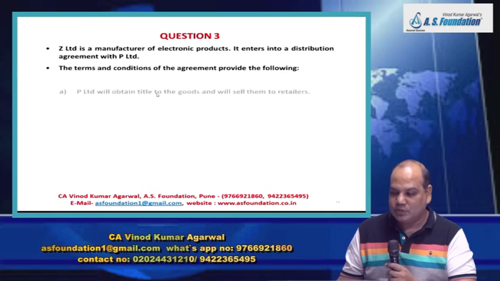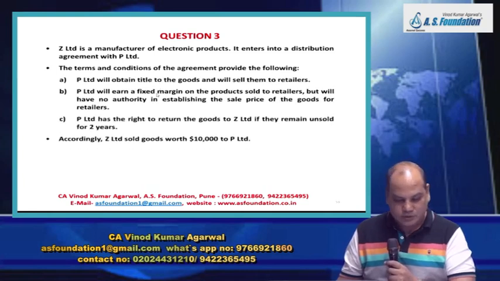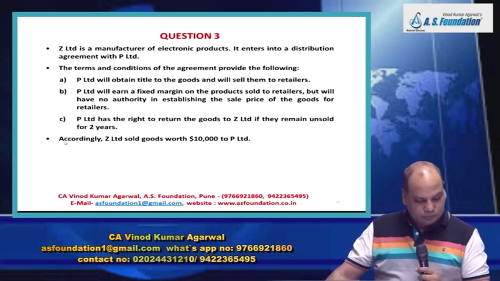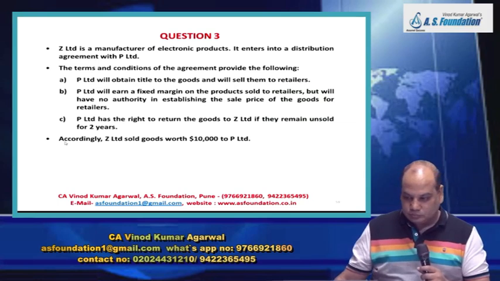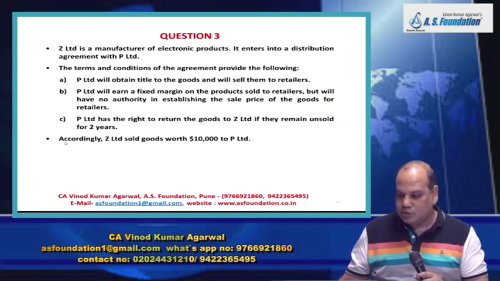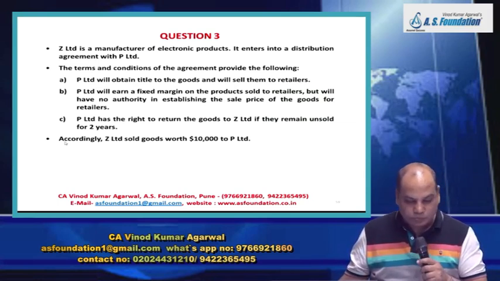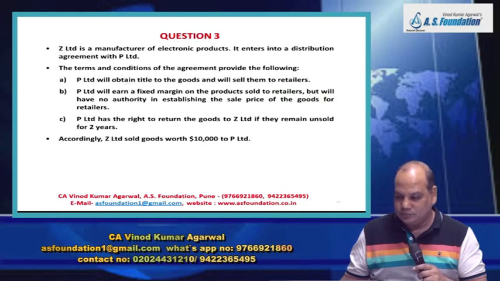What is that question number? 7. Z Limited is a manufacturer of electronic product. It enters into a distribution agreement with P Limited. The terms and conditions of the agreement provide the following.